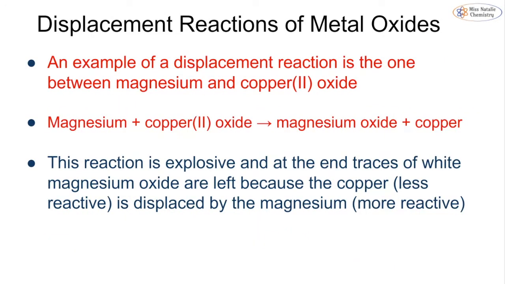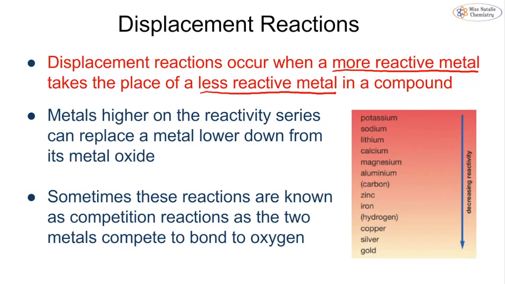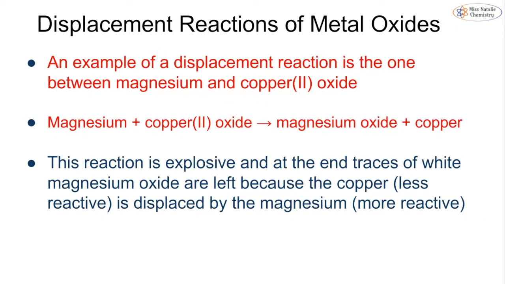So let's look at an example. If we take magnesium, which you can see is here on the reactivity series, and we react it with copper, which is much lower on the reactivity series, and react it with our oxide of copper, we are going to get a displacement reaction happening. And what happens is the magnesium takes the place of the copper, and these two things swap out.